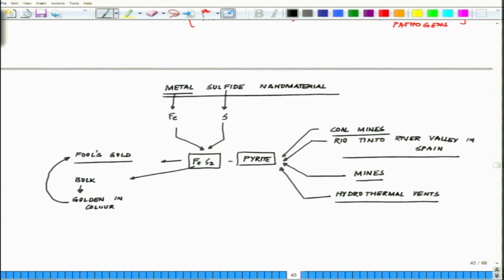And that's why many times people mistake it for gold. That's why it is called fool's gold. Okay. So, pyrite is a very interesting compound which has fine applications in a myriad of places.